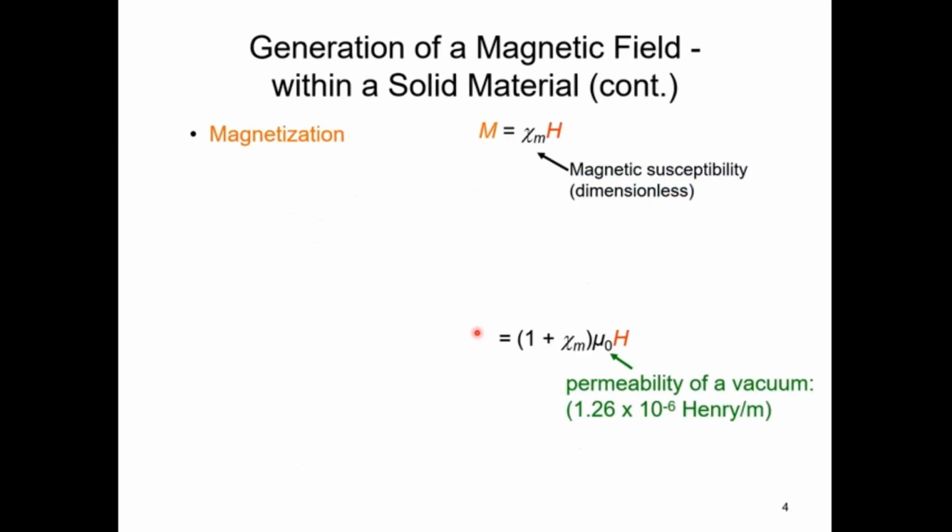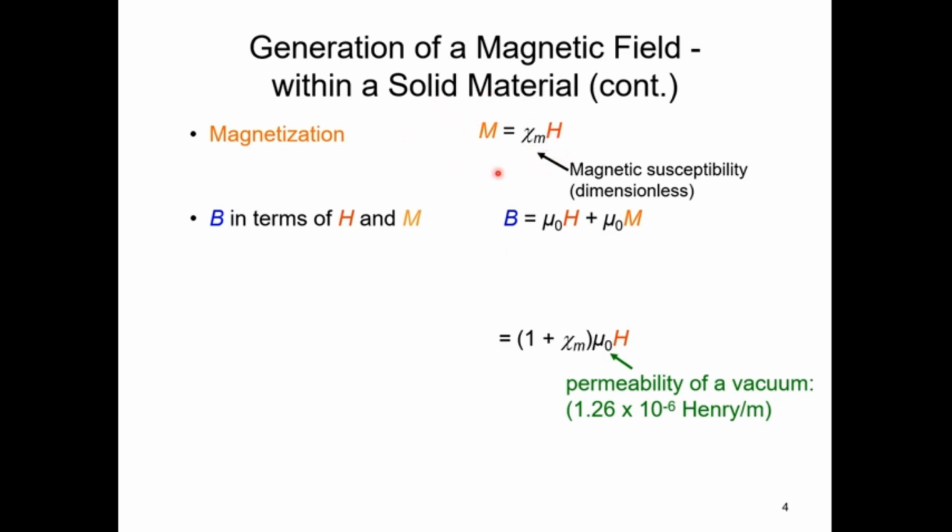Another field quantity is M, which we call magnetization. The magnetization of a solid is proportional to the applied field as given by this equation.